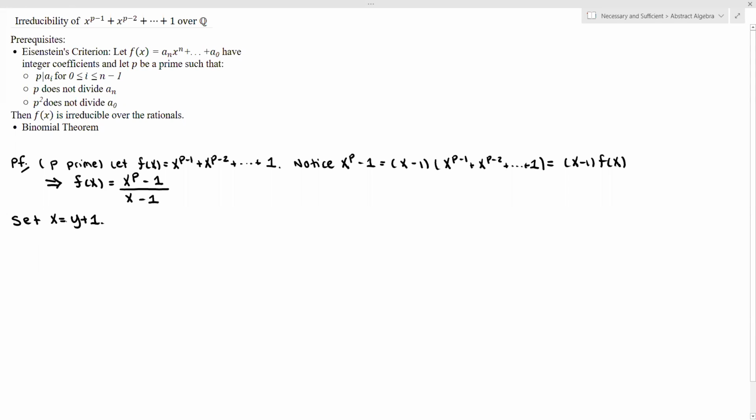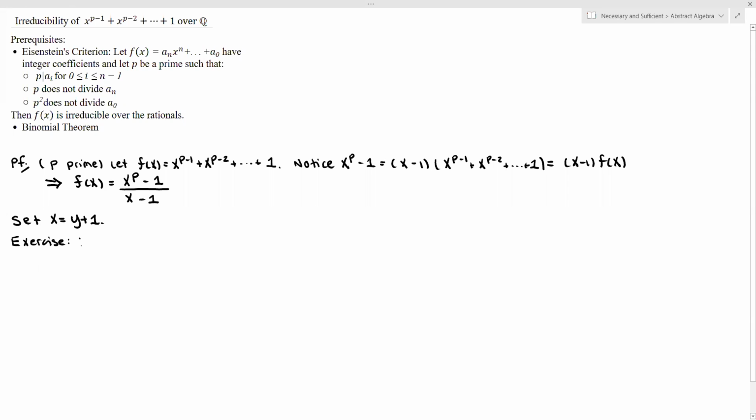One question you should be asking, though, if you've never seen this before, is why should I believe that if f of x is irreducible, then f of y plus 1 is irreducible? So we'll leave this as an exercise. And let me put the statement here.